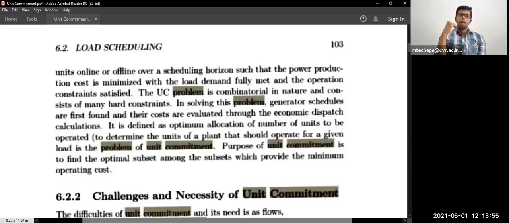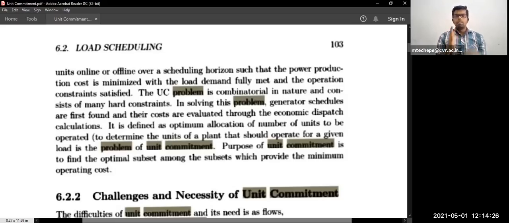For example, if we consider three generating units, we find the power generation from unit 1, unit 2 and unit 3, that is PG1, PG2 and PG3. We find the fuel cost of whatever generating units we have considered, and also the total cost.